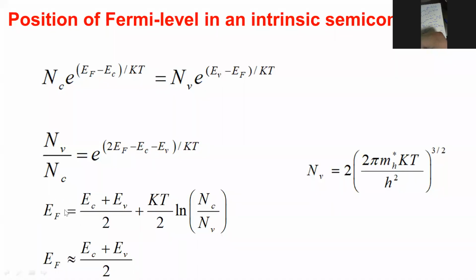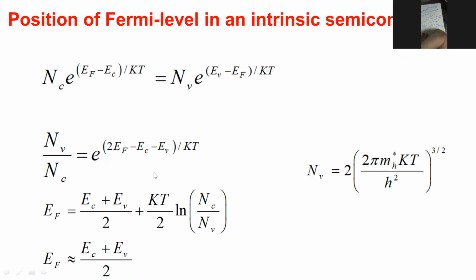Again, where the important points are. Let's return back to our presentation. So now we have EF equals EC plus EV over 2 plus KT over 2 ln NV over NC, or NC over NV. This is the expression we have by the end of the day.